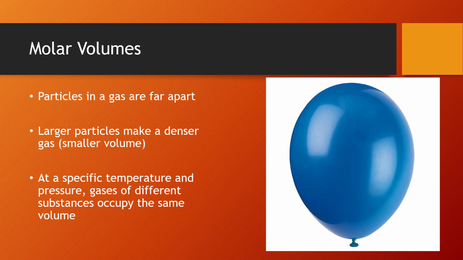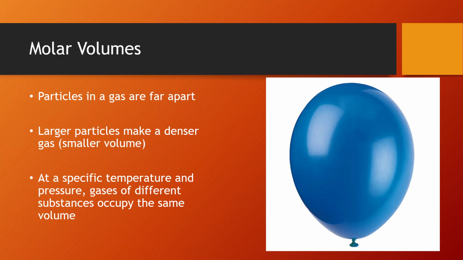Well, if we think about volume, we can think about Avogadro's hypothesis, and that's going to be that equal volumes of gases are going to contain equal numbers of particles if they're at the same temperature and the same pressure. And the rationale is, for a very light gas, you have very small particles and they're not very dense, so it doesn't weigh a lot. Think of a hydrogen balloon.